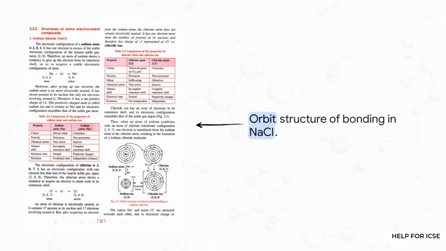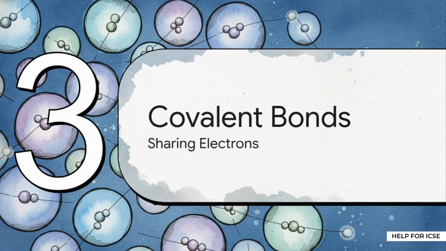Bam! Sodium drops to a super stable 2,8 configuration, just like neon. Chlorine bumps up to a perfect 2,8,8, matching argon. They both get exactly what they want, and that resulting electrostatic pull locks them into a deeply stable ionic compound. It's a total win-win.